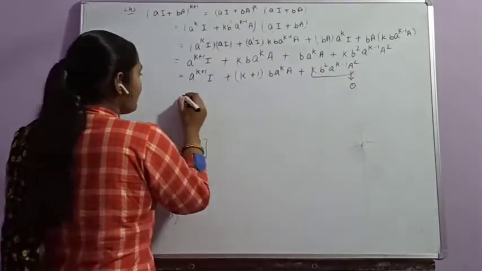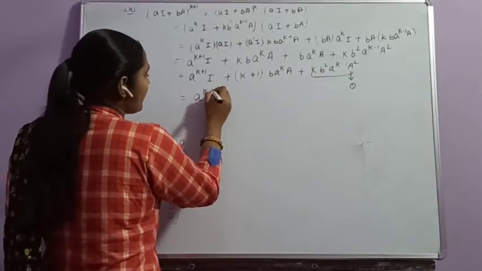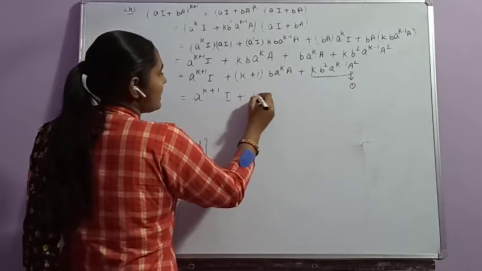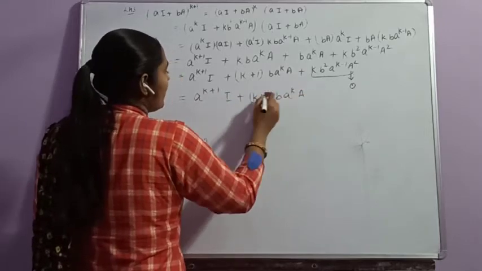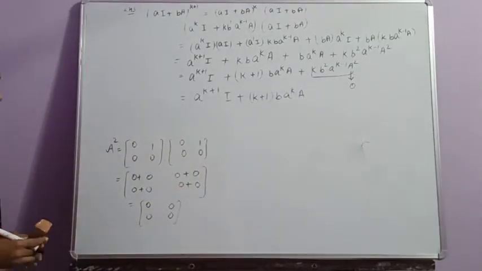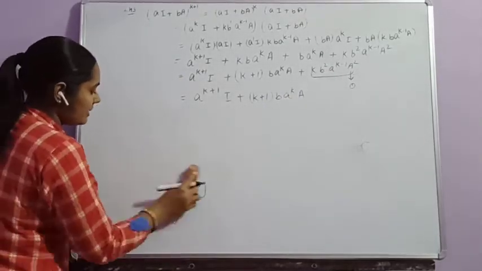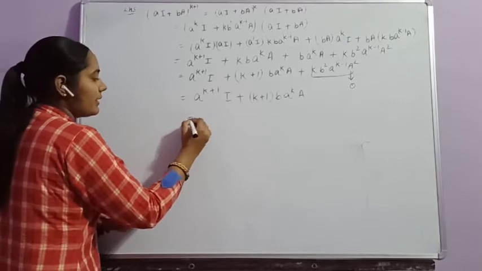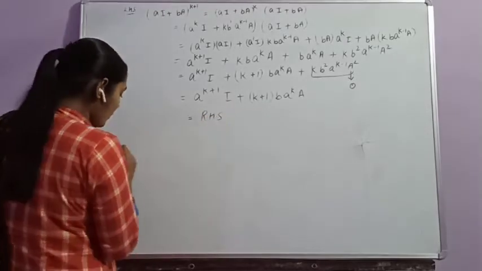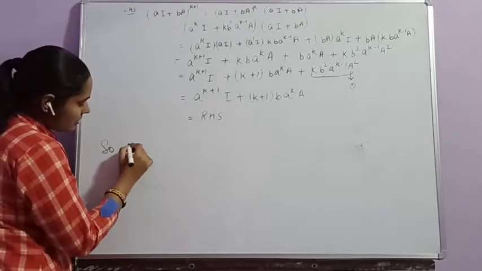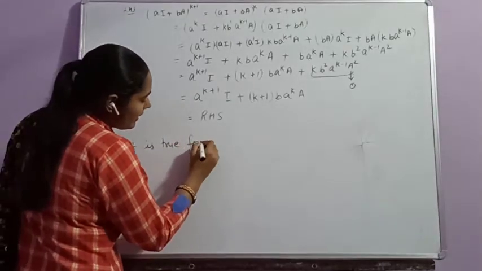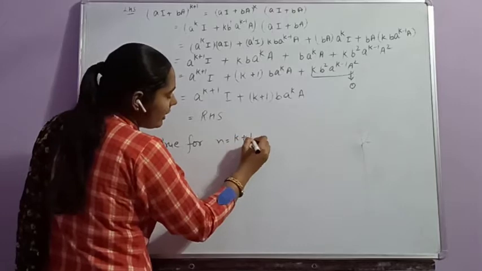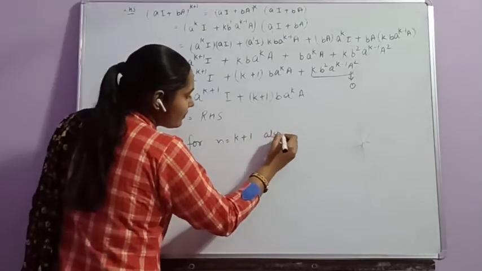Clear? So that is equal to a raised to the power k plus 1 into I plus (k+1) into b a raised to the power k into A. That was our right hand side. So the left hand side is equal to the right hand side. So it is true for n equal to k plus 1 also.